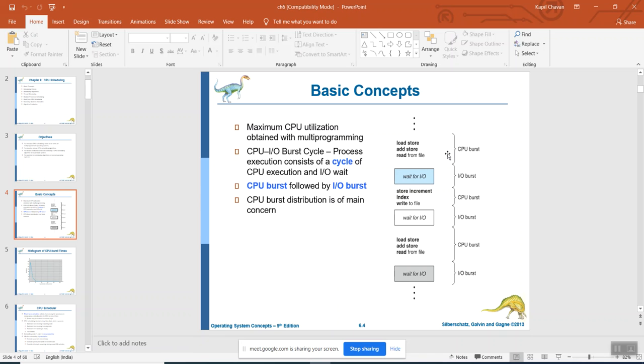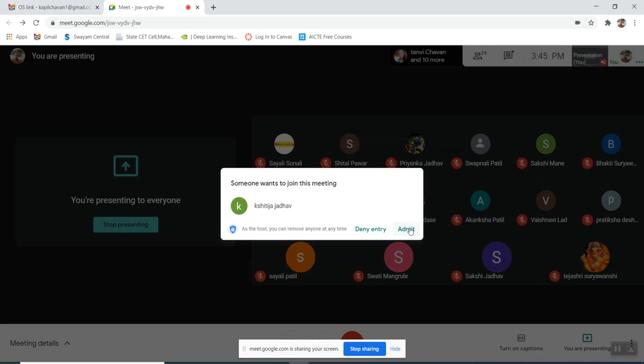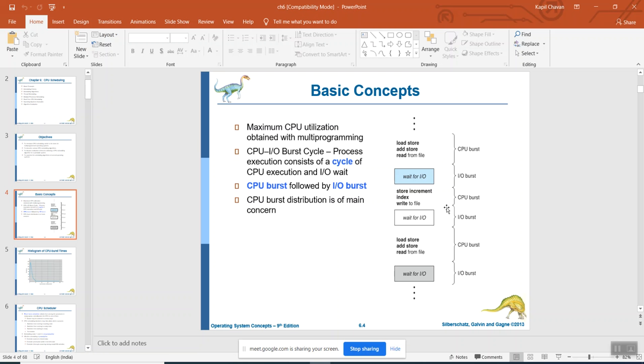If the process is not terminated and is going to take more time to complete, then again we have to allocate the CPU, then IO, then CPU, then IO. This is the concept behind multi-programming, and it is required when we want to do scheduling. These types of cycles are assigned to that process.